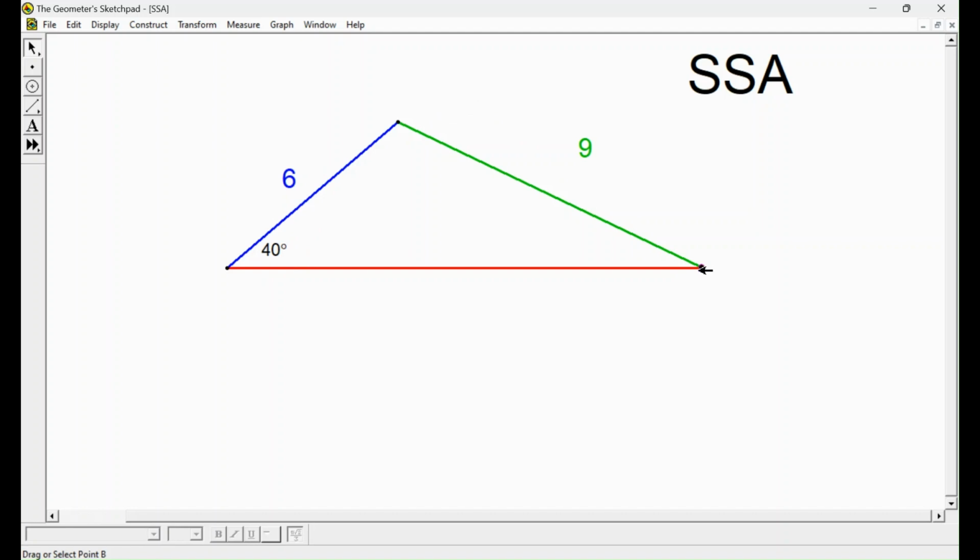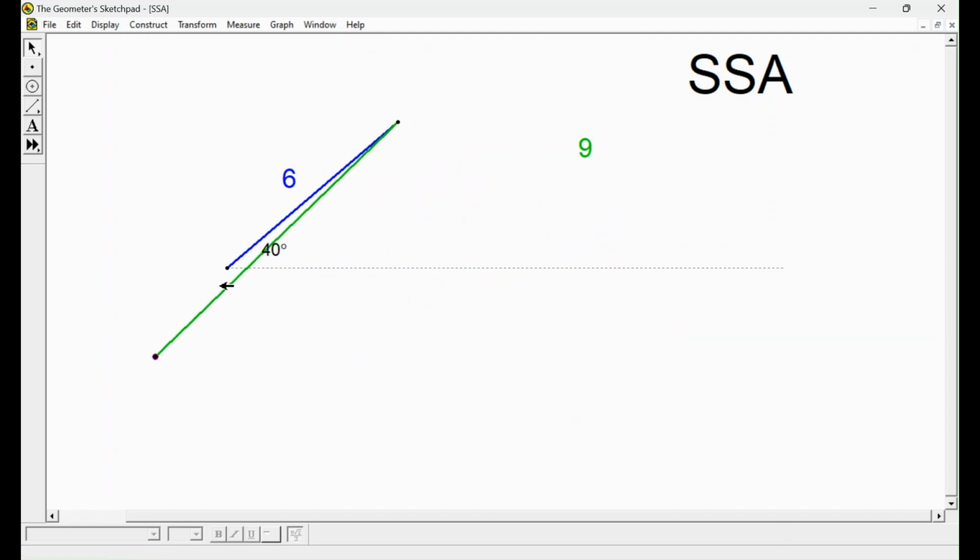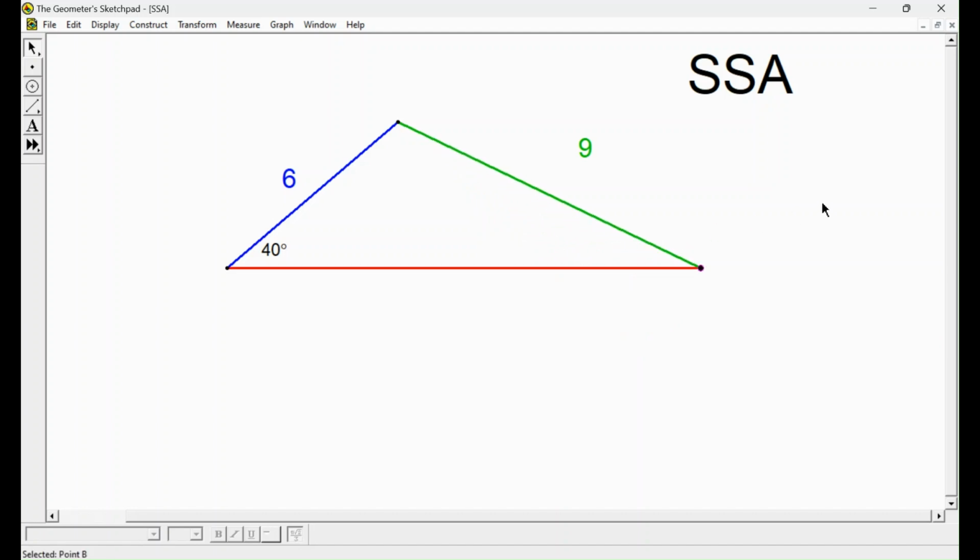But there's no way to swing this around to make a second triangle with a 9, 6, and a 40. So a 9, 6, and a 40 is a good example of a set of SSA numbers where you can only make one triangle.